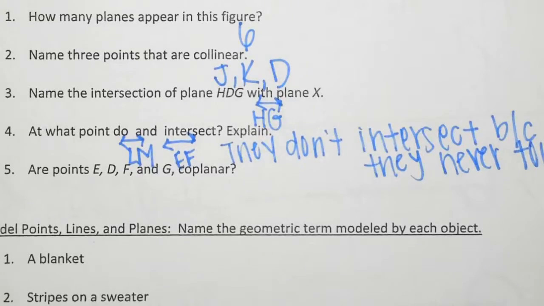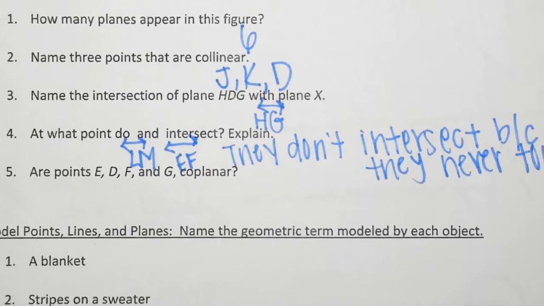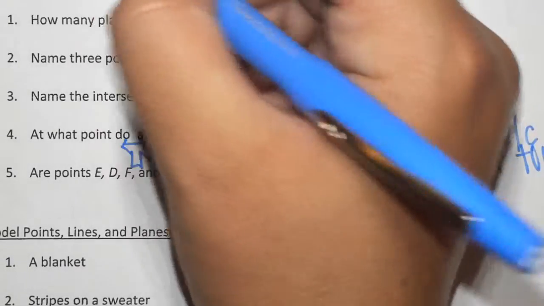Are points E, D, F, and G coplanar? E, D, and F are, right? But G is on the other side, which is a whole different plane. Am I looking at that right? E, D, F. Yeah.